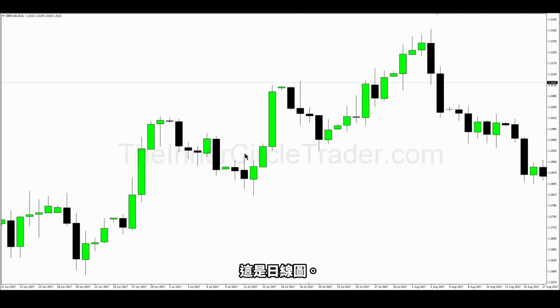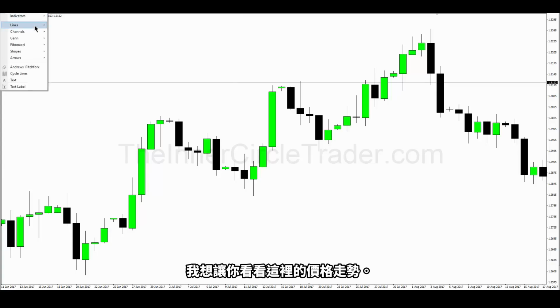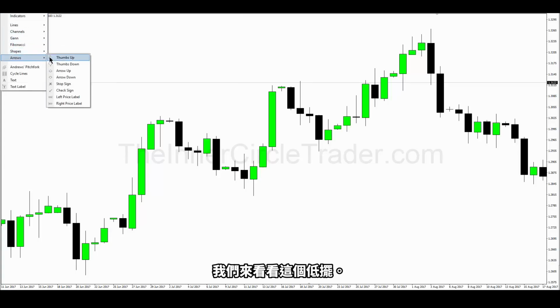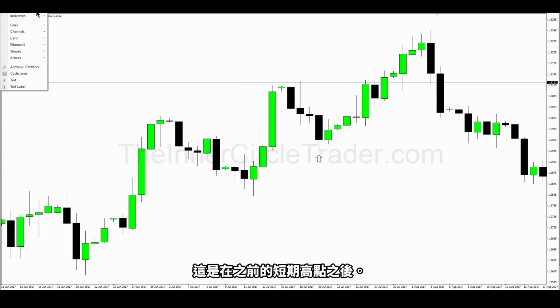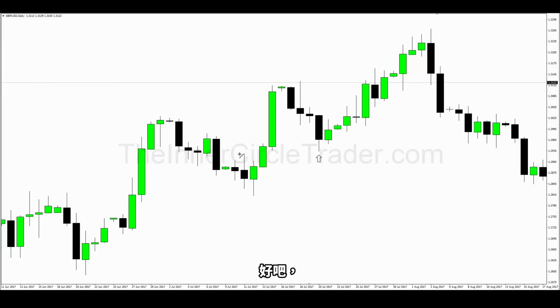Okay, we're looking at the cable. This is the daily chart. I just scrolled through and found a random place. It doesn't make a difference where we start, but I want you to take a look at the price action here, and we're going to look at this swing low right here, and it's on the heels of a previous short-term high.